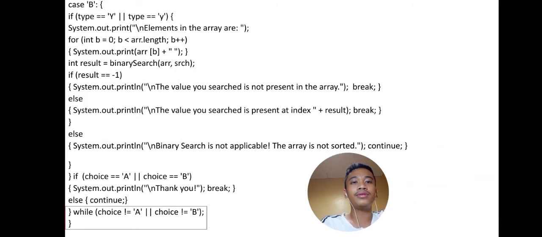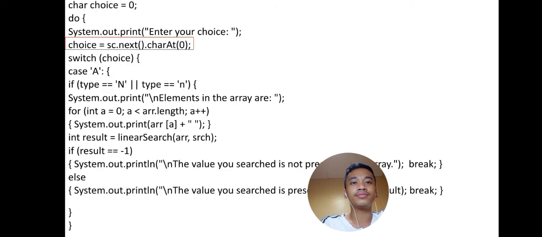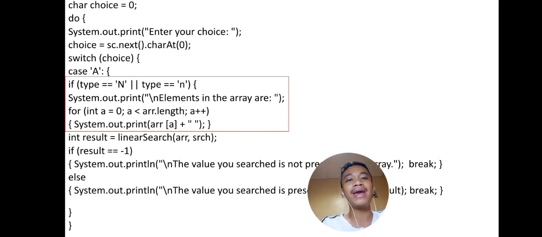So small n is equal to big N, which is false, or small n is equal to small n, which is true. Since our condition is OR, we need to return it as true.